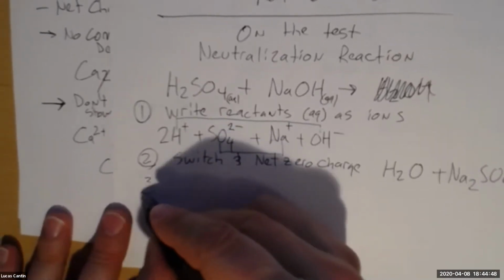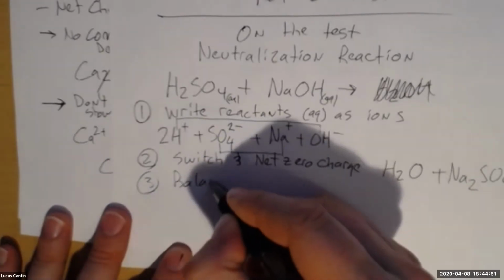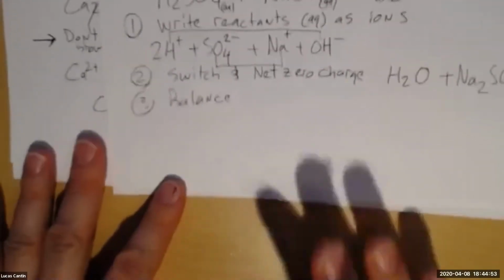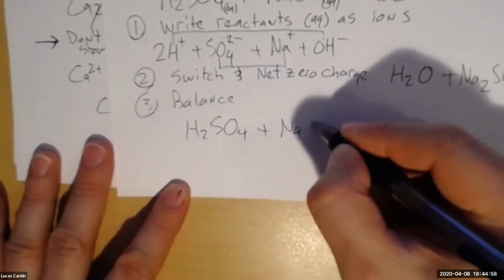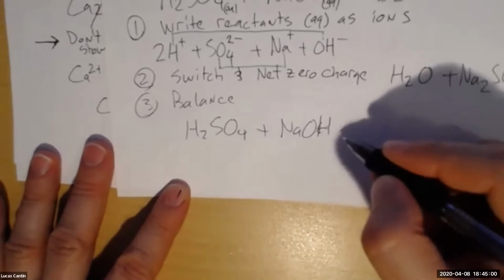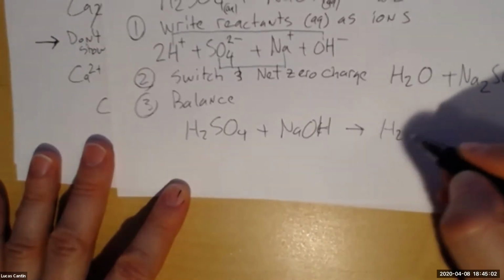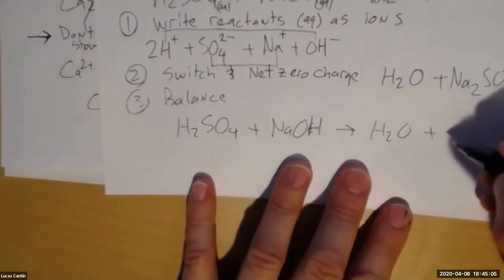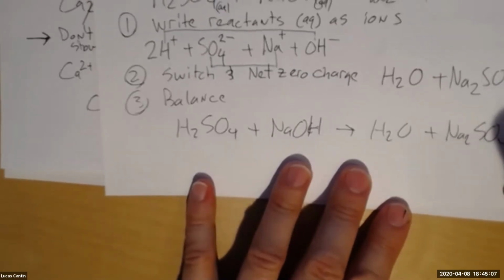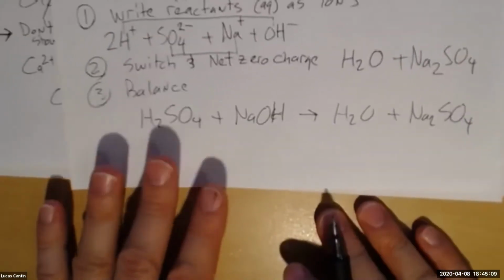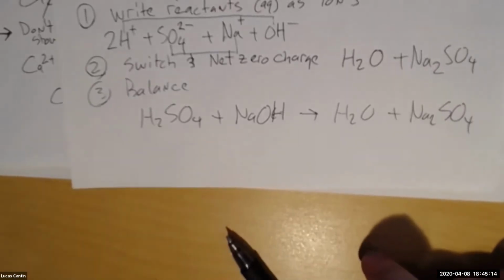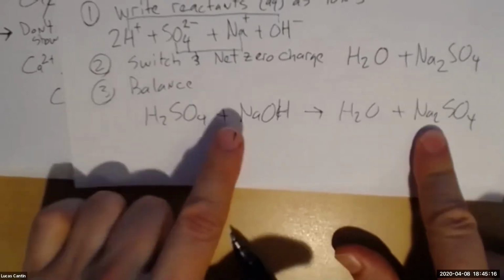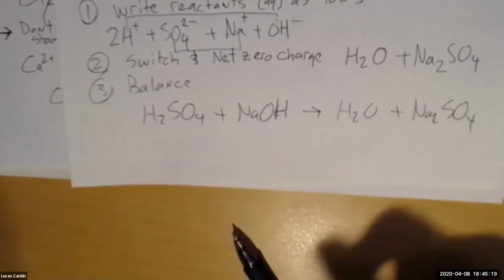Step 3, balance. All right, so I'm going to write in the whole thing: H2SO4 plus NaOH goes to H2O plus Na2SO4. And then I want to balance the coefficients. I'm going to do metals first. I have 2 sodiums there and 1 there, so a 2 in front of the NaOH.